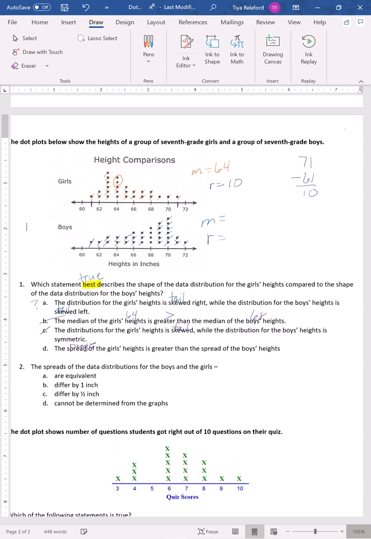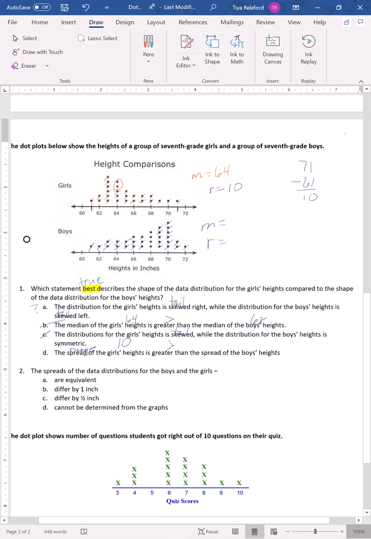Now you calculate the range for the boys. The range of the girl's height is 10, is greater than the range of the boy's height. Hopefully you got 11. Is that true? Nope.